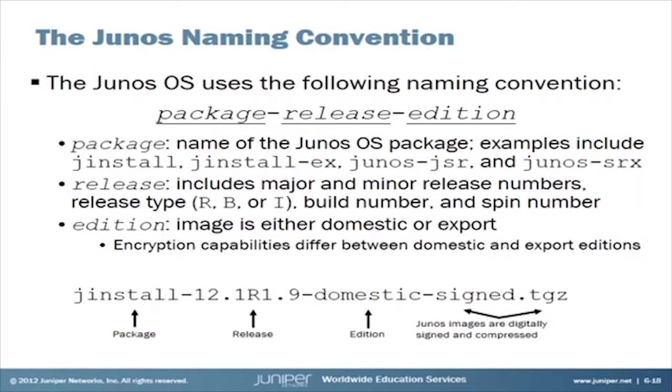Essentially, that operating system is not capable of SSH, so the only means of connecting to it is via telnet. It's kind of an interesting scenario. That has to do with some regulations in the US of what they're allowed to export and so on. So if I see export in there instead of domestic, essentially the encryption has been removed. That's sort of a legal requirement in the US.